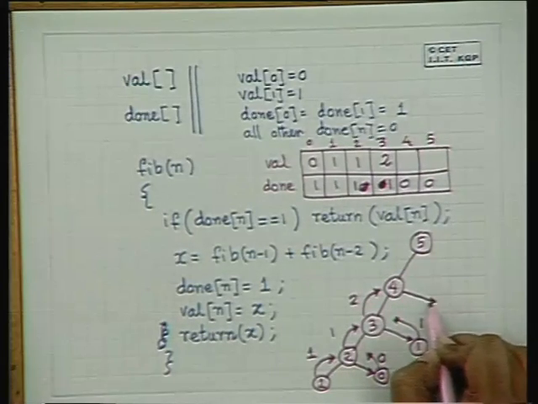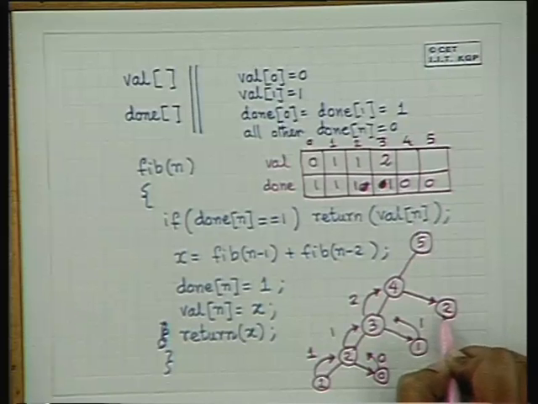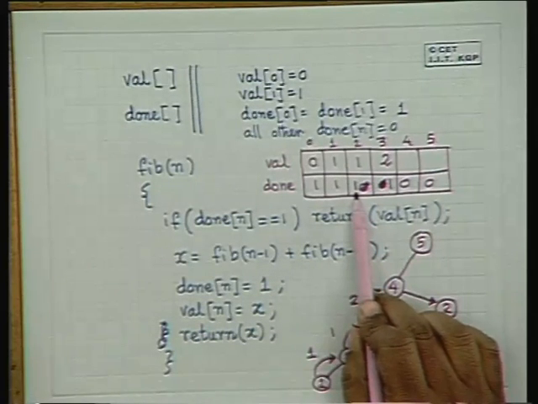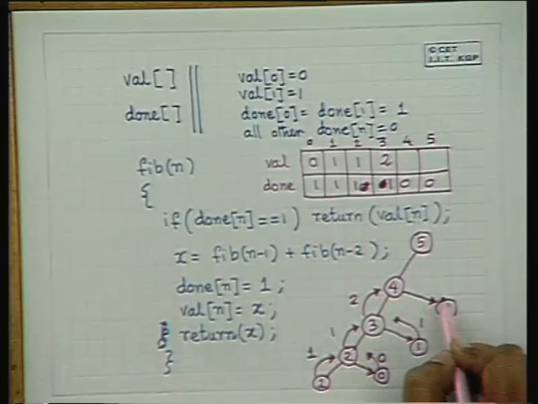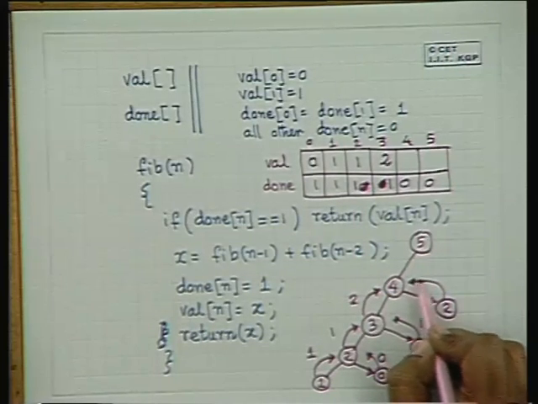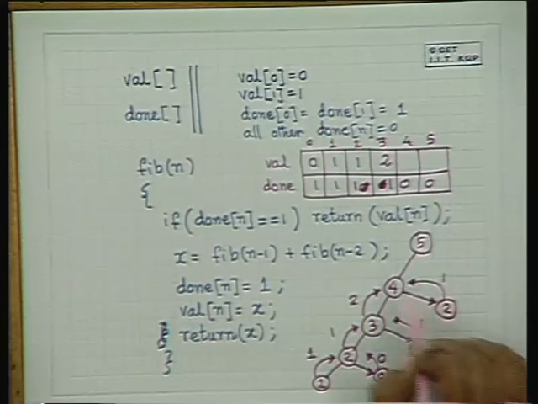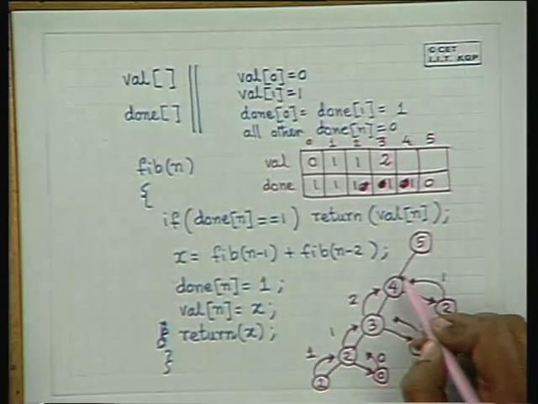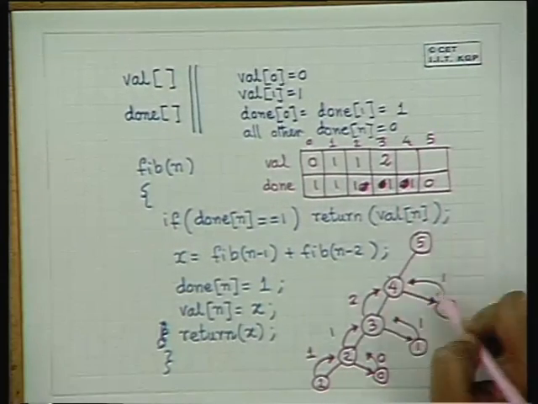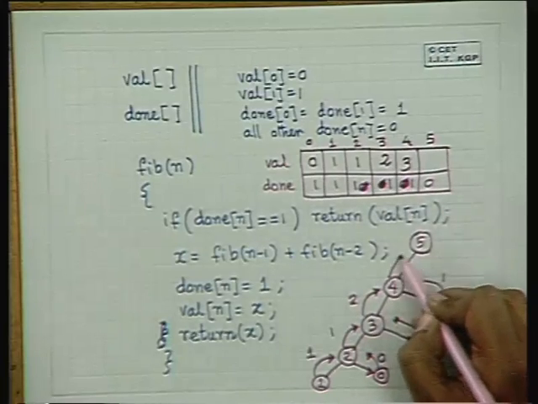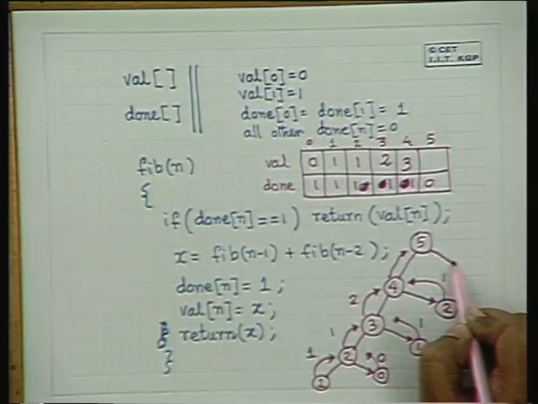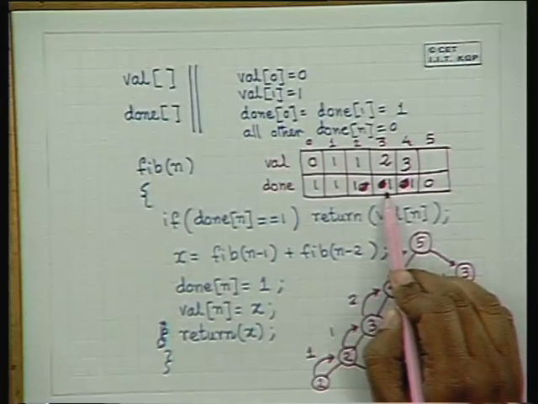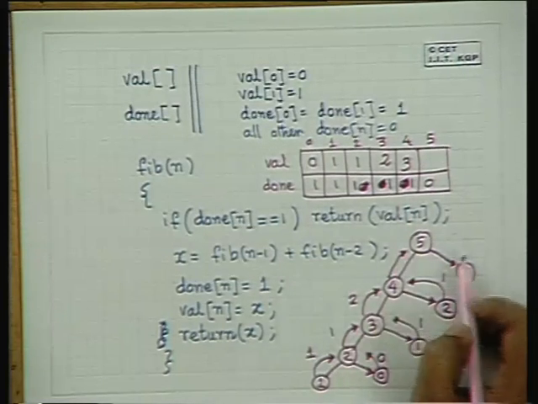Here it will call 2, but when it comes here, it will get done 2 equal to 1, and once it gets done 2 equal to 1, it will just take val 2. Now this will make it 1 and this val will become 3, it will return here. It will call 3, done 3 is 1, so val 3 will be returned.